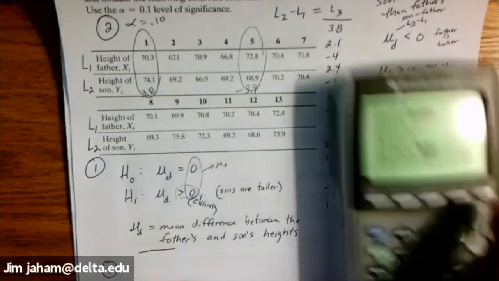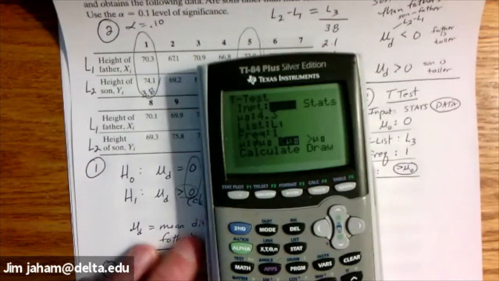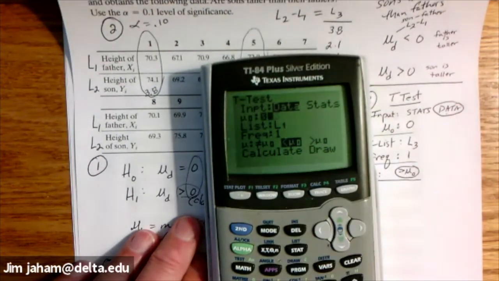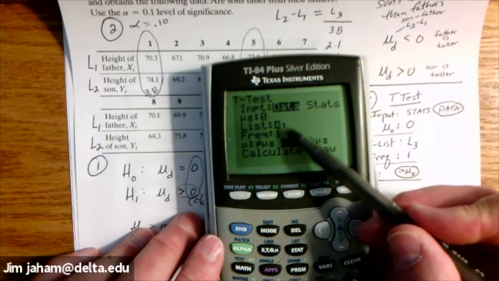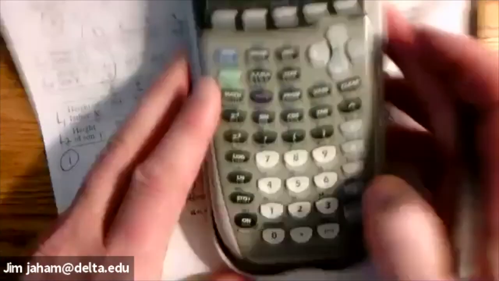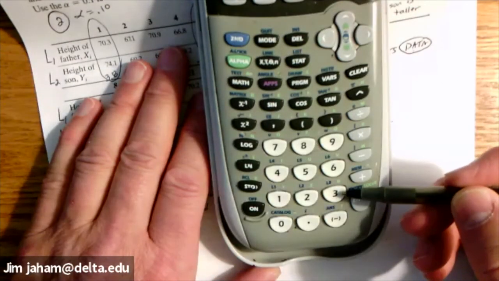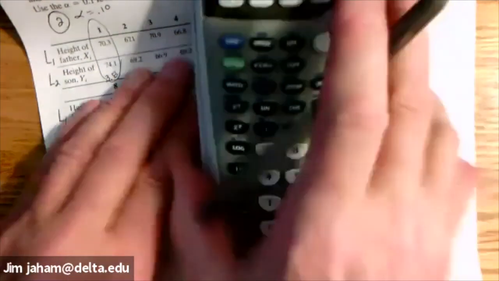All right, so here it is. We're going to select data. mu0 is 0. List. I want to hit L3. And I notice that L3 is right above the number 3. But it's in blue. So I have to hit the blue key, the second key, and then 3.